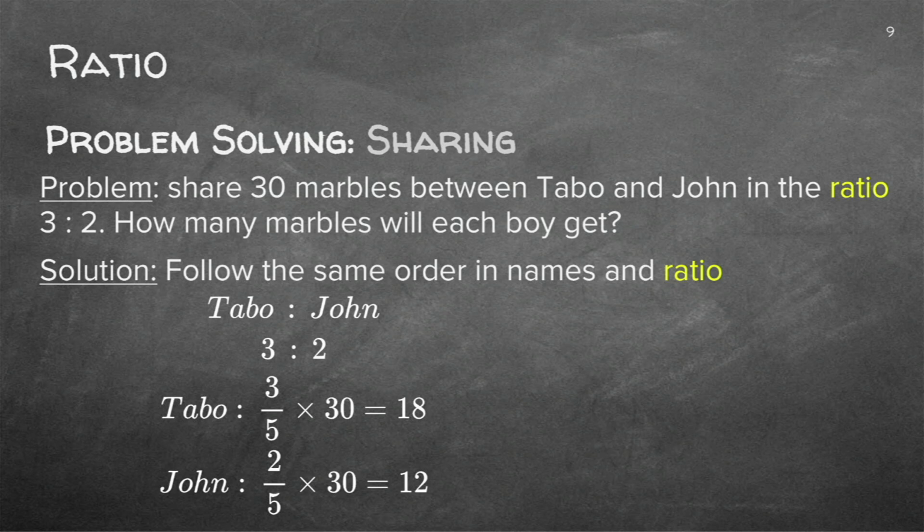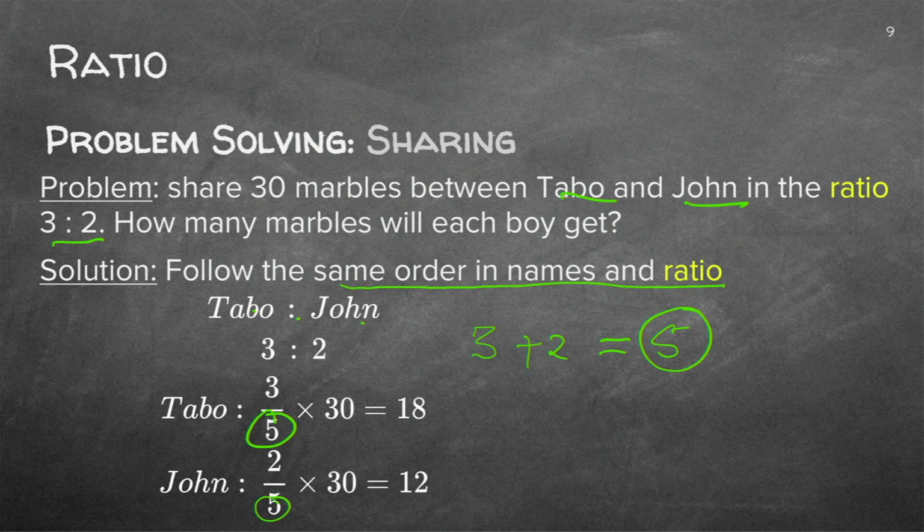Remember to follow the exact same order in the names and the ratio. Tabu to John in the ratio 3 to 2. We're going to add the digits in the ratio to get a sum, and that sum is going to be your denominator.